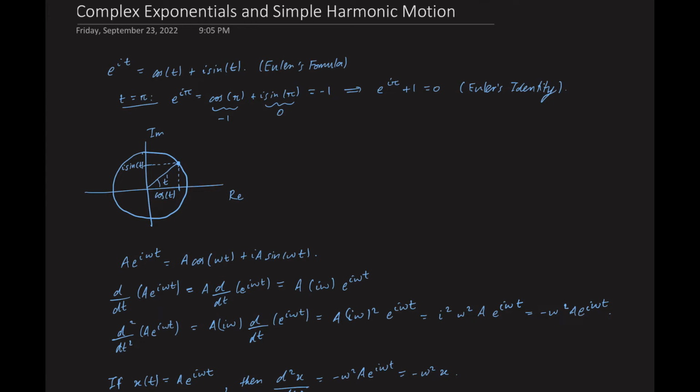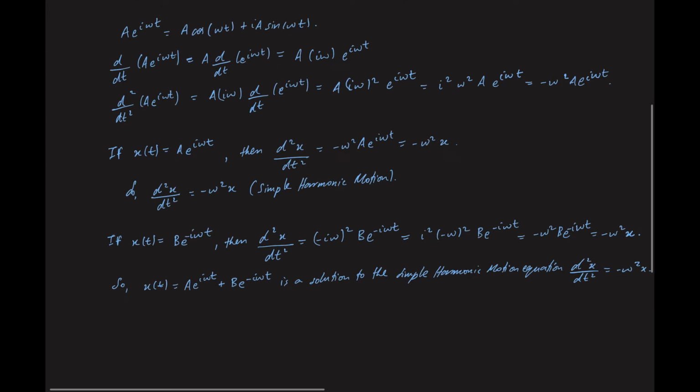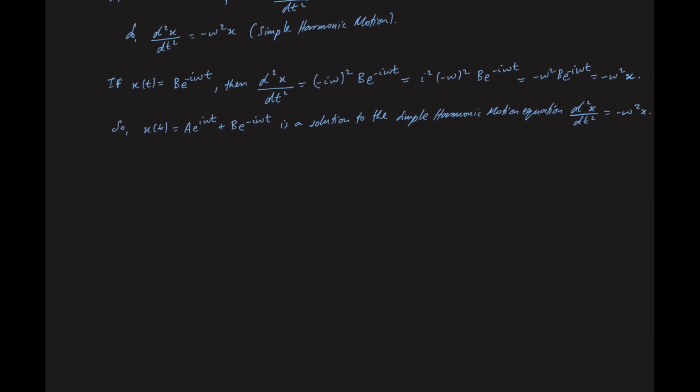We can turn these complex exponential solutions into these trigonometric solutions with cosine and sine terms as such. Suppose x at 0 is equal to x naught, and x dot, so the velocity at 0, is equal to v naught.